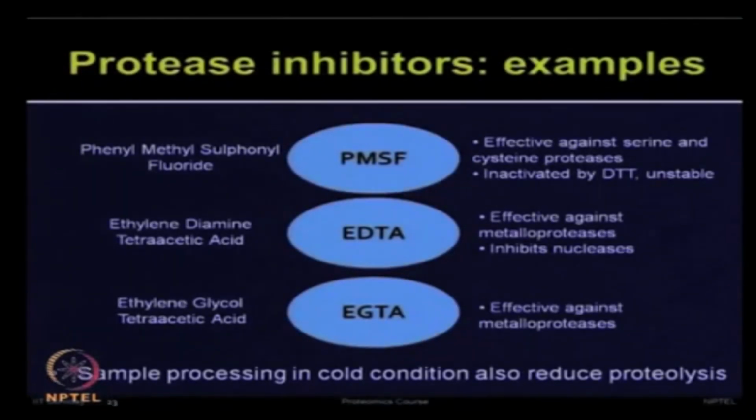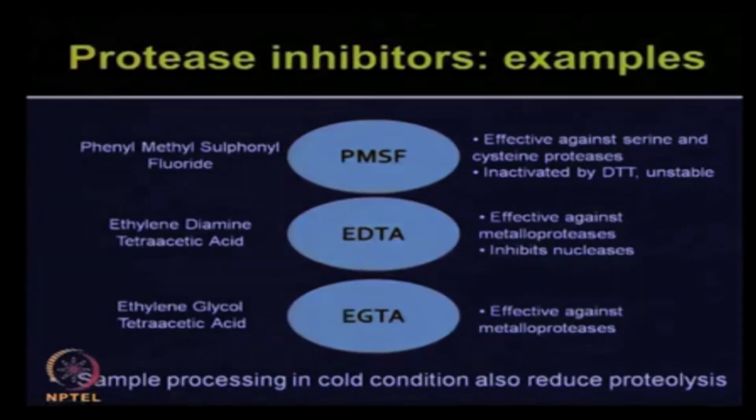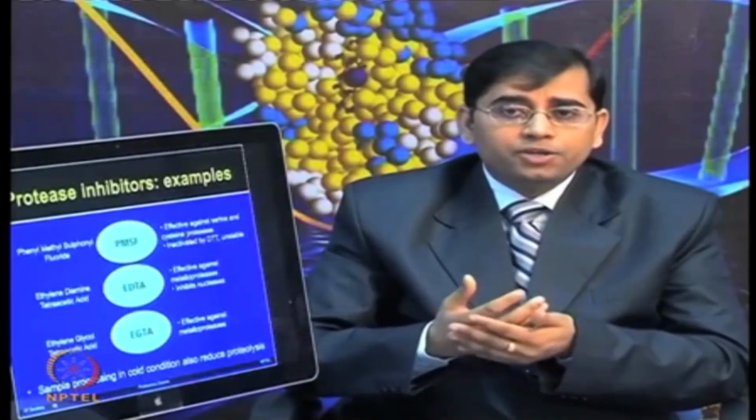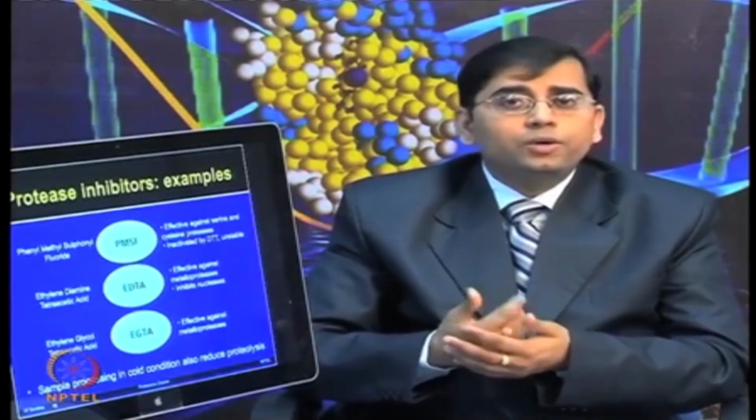EDTA, ethylenediaminetetraacetic acid, is effective specifically against metalloproteases. It inhibits nucleases as well. So, EDTA can serve both purposes of protecting from proteolysis and also partial inhibition of nuclease activity.